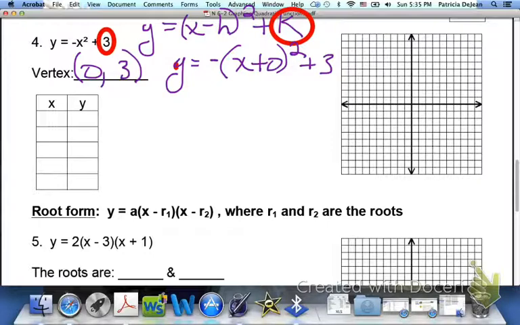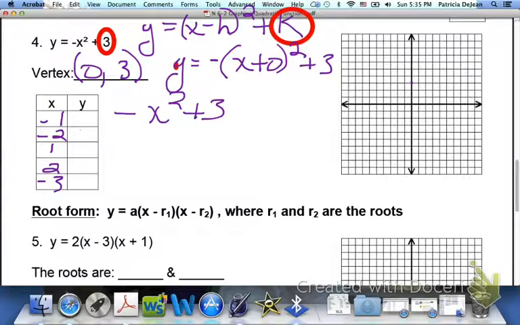Okay, so we can put that on our graph at 0, 1, 2, 3, right there. Okay, and then pick around, that's at 0, so we can go negative 1, positive 1, negative 2, positive 2, and negative 3 if we want to. Okay, so now let's put it in our negative x squared plus 3.